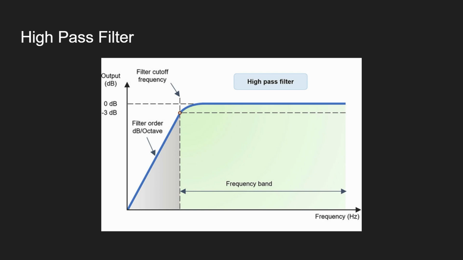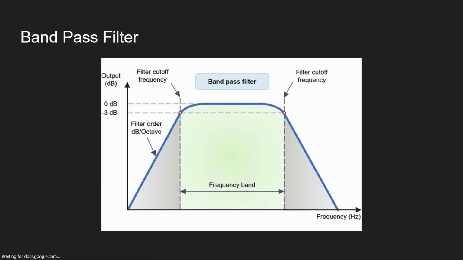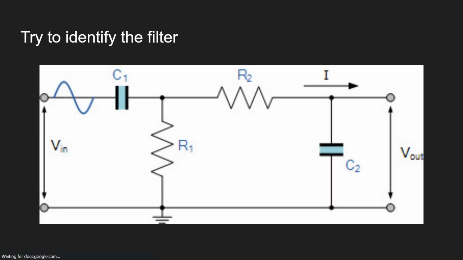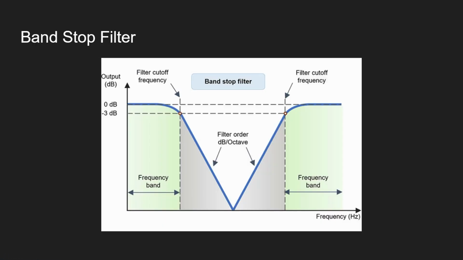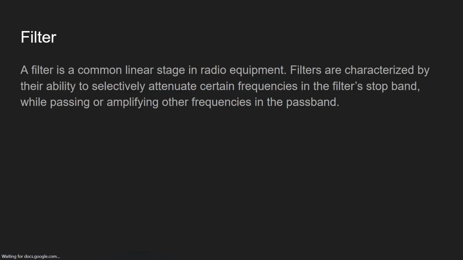High pass filter allows high frequency to pass through. Band pass filter allows a specific band to pass through. And band stop filter, the band here is blocked. It only allows frequencies lower or higher to pass through. I will go through it one by one.